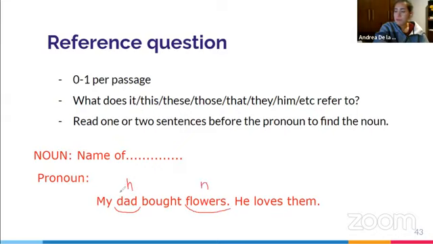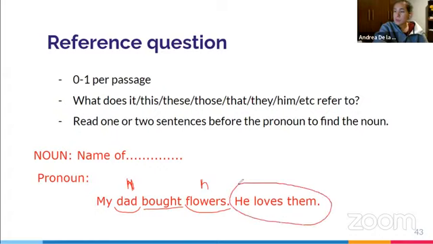This is the name of a family member, and this is the name of a plant. So the two of them are nouns. This is the verb, bought, the action.